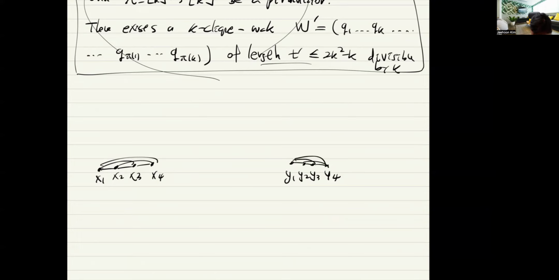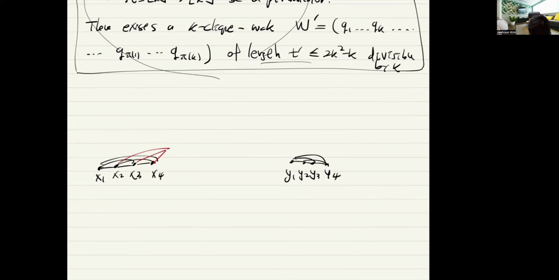Then what you do is you keep taking, you keep extending this. You extend this clique walk.